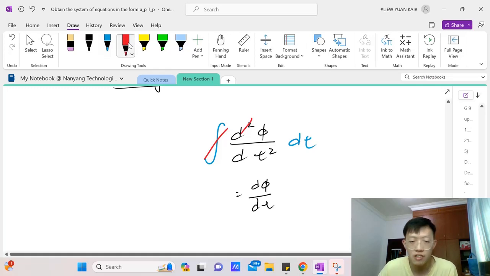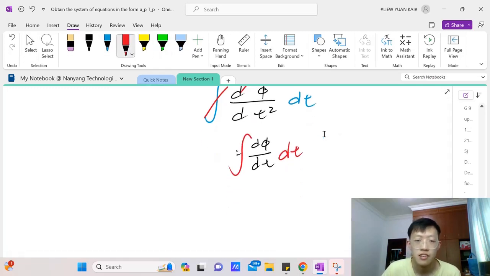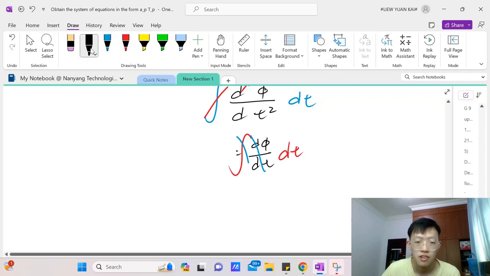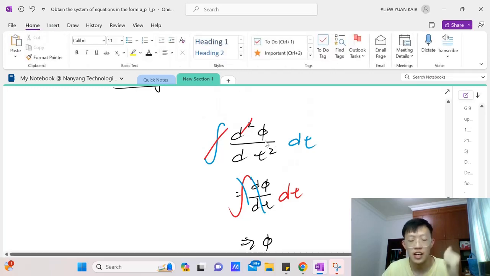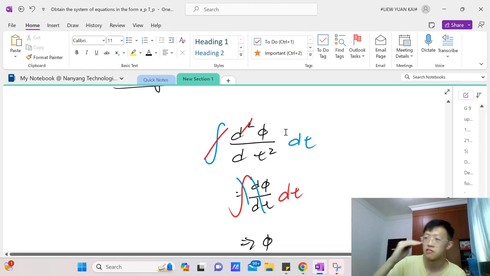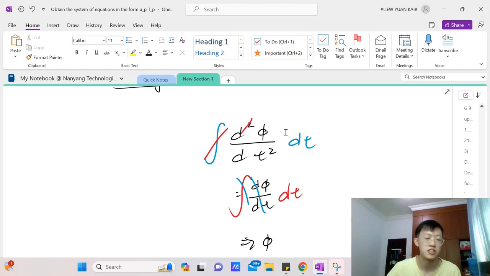So let's say I want to integrate this again. You see, integrals are opposite effects of derivatives, so this will cancel this, and I'm left with phi now. We started from the second derivative, and integration downgraded it to the first derivative, and then downgraded it to the original function phi.